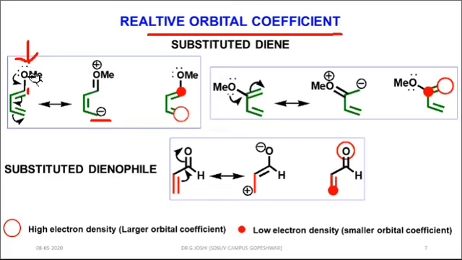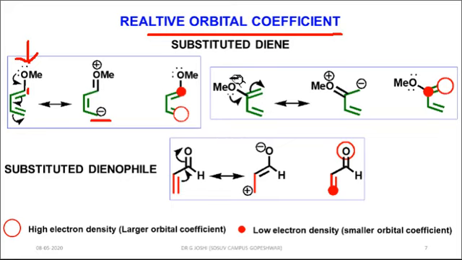Thus, for a diene monosubstituted at position 1, the electron donating group on the diene will enhance the orbital coefficient at carbon 4 of the HOMO. This is the HOMO of the diene.